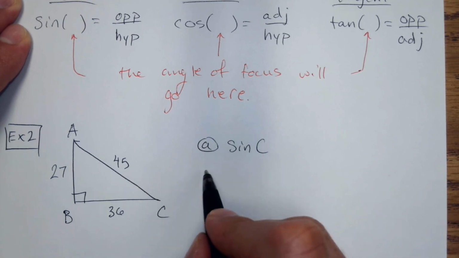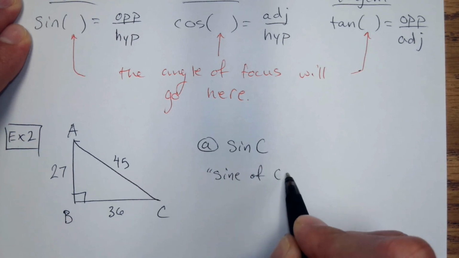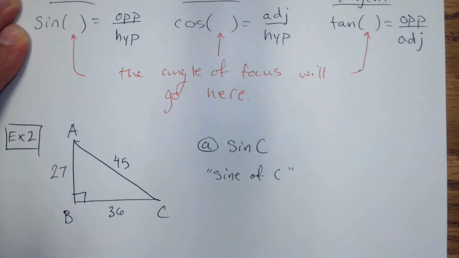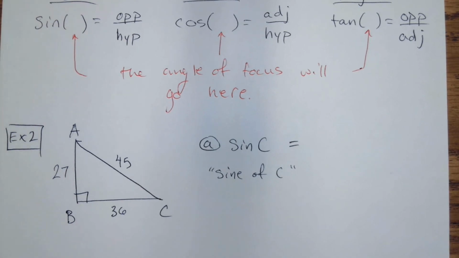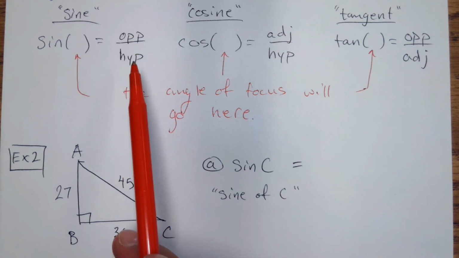And the instructions ask you to find sine of angle C. That's how you read this. Sine of C. You just gotta figure it out, and then reduce the fraction. That's all we're doing. So if we look at this, sine of C, well, sine is opposite side over hypotenuse.